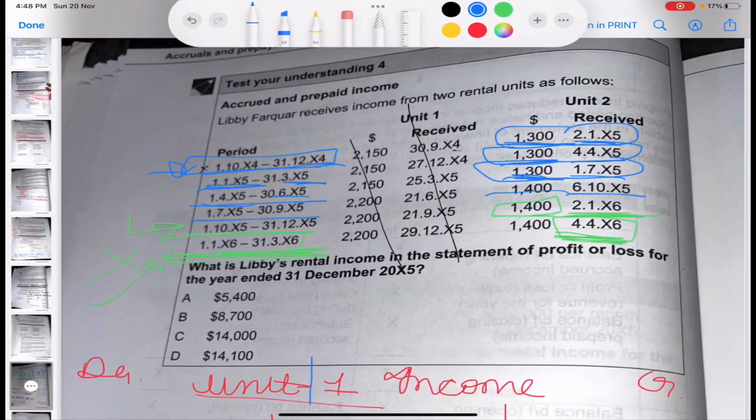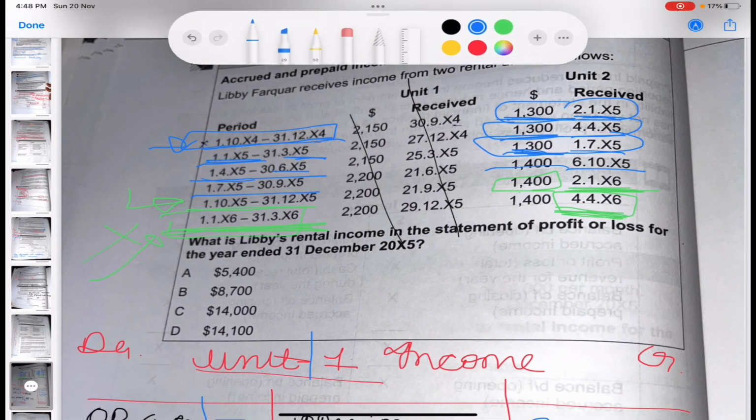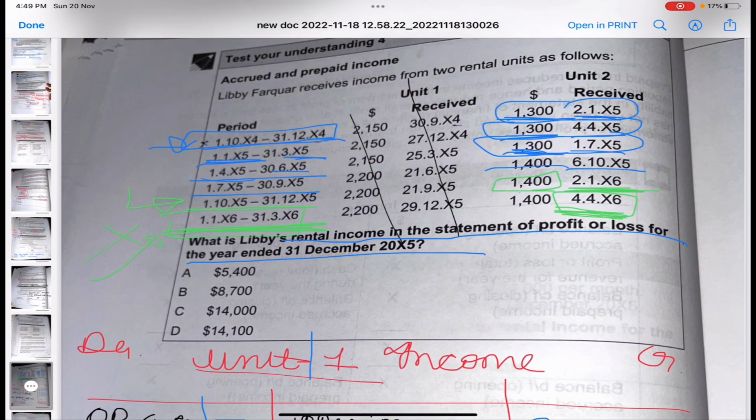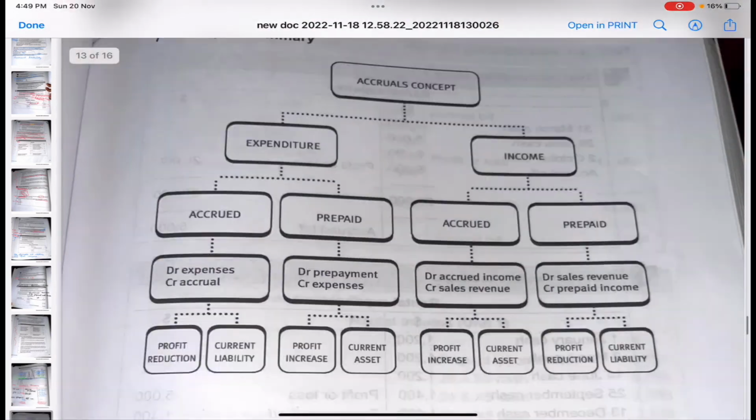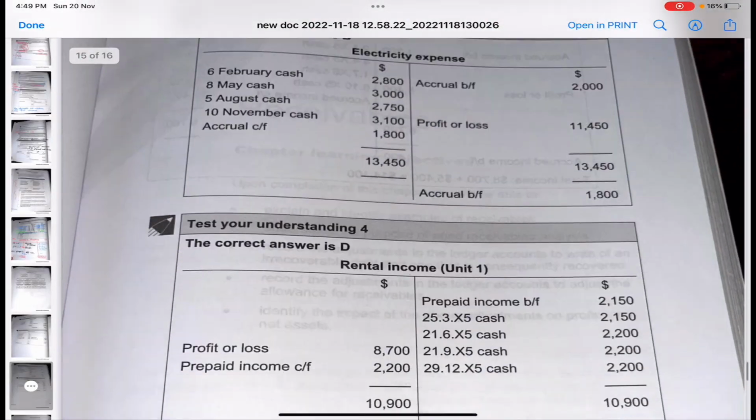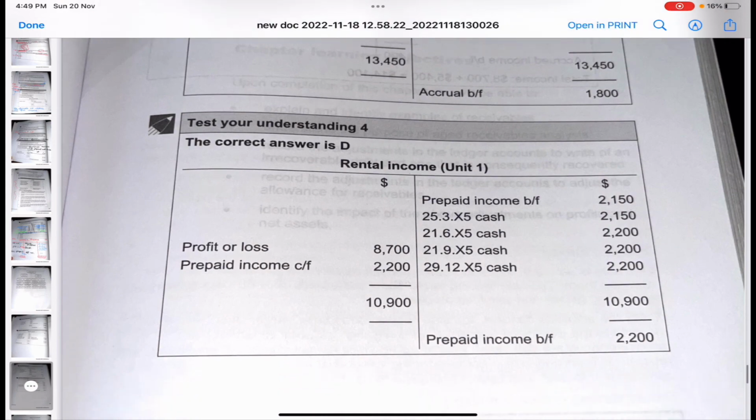Now let us check the question. What is the rental income in the statement of profit and loss for the year ended 2015? So what is coming in the profit and loss for the year 2015? Let's also match it with their answer.